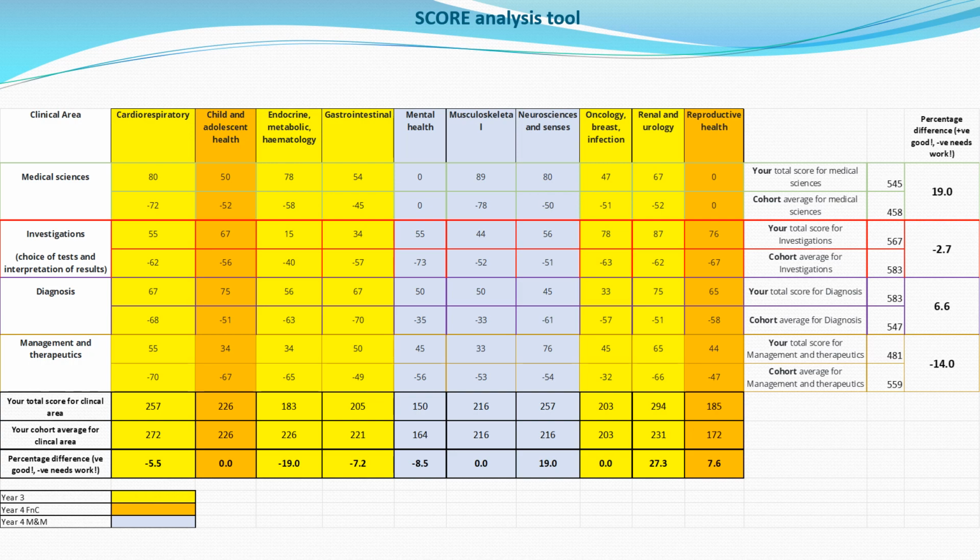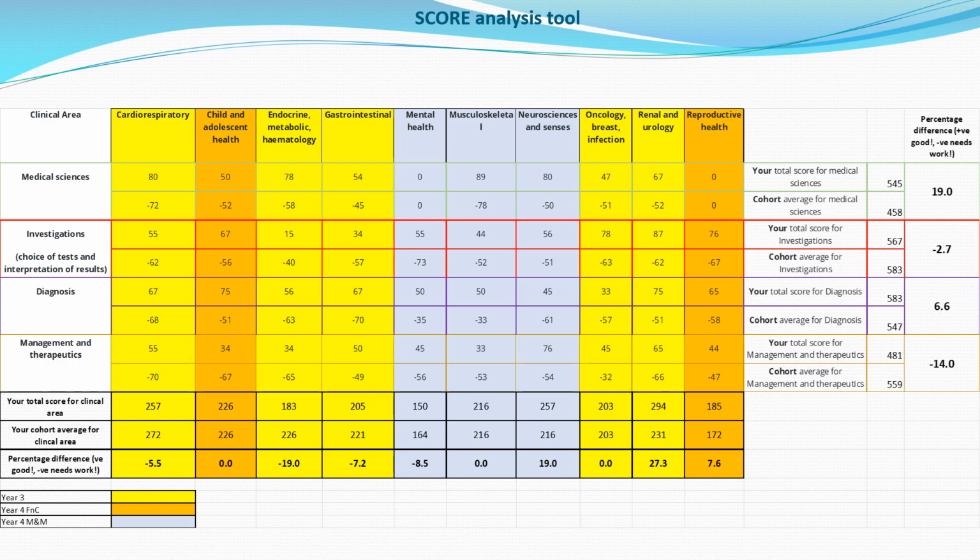And then you can look at year 4 with one semester being F&C, and the other semester being M&M, and you can do the same thing and assess where you are related to the cohort average. And then you can look across the lines to have a look at the general areas of medical sciences, investigation, diagnosis, management, therapeutics.